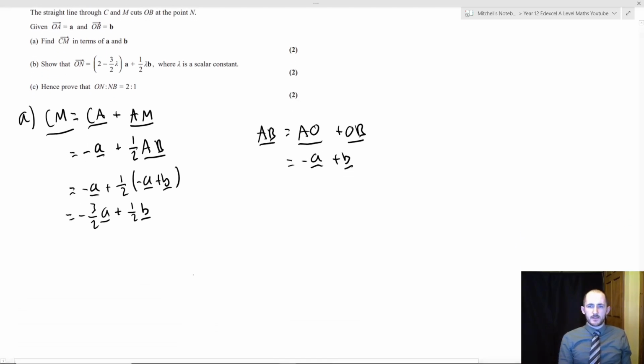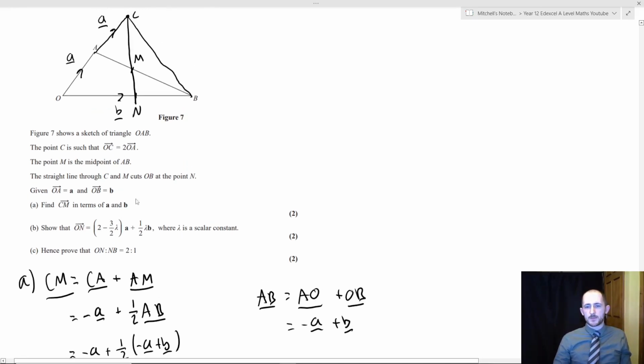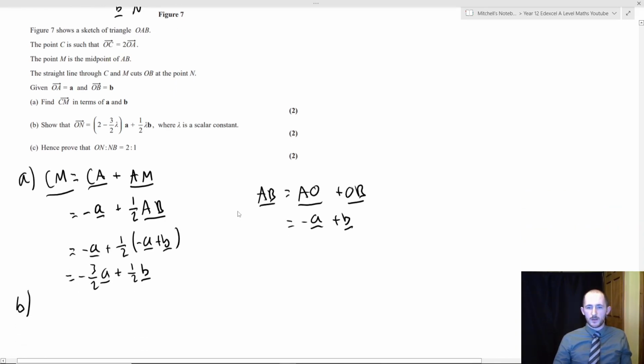Now here's where things are going to get a bit more tricksy. Show that ON is equal to this thing where lambda is a scalar constant. So where lambda comes from, it comes from the ratio of this line here. So ON to NB is going to be something like 1 to lambda or lambda to 1, okay?